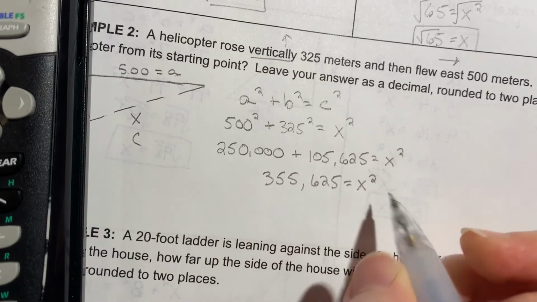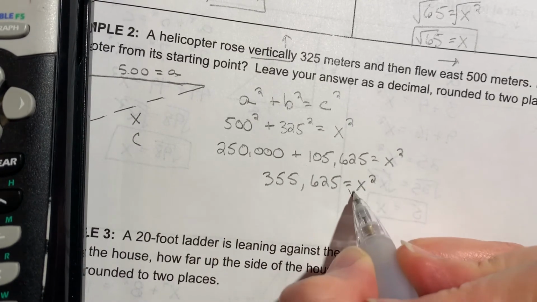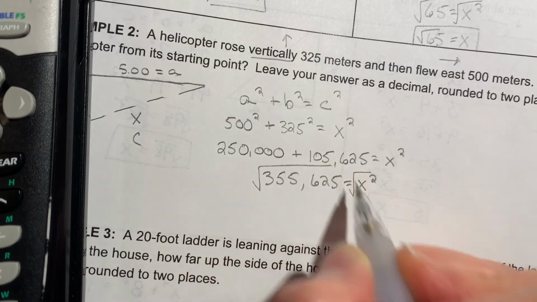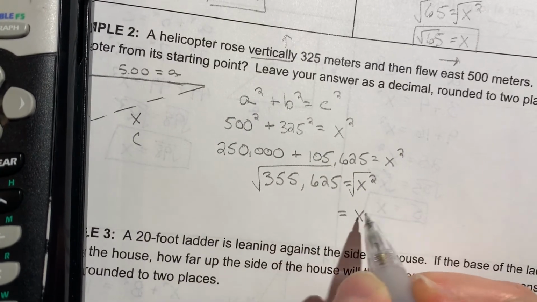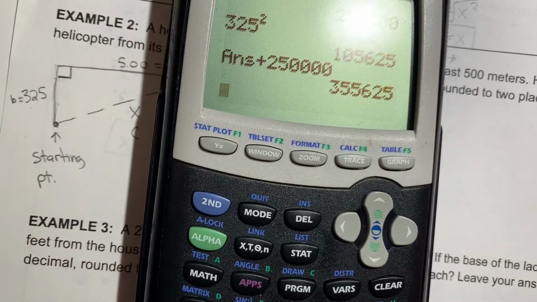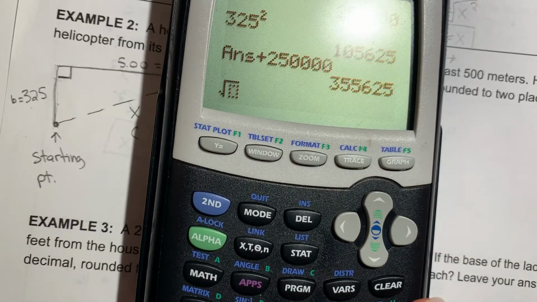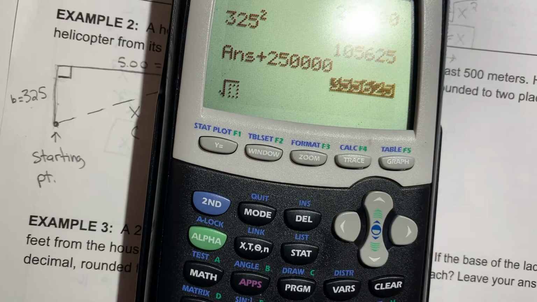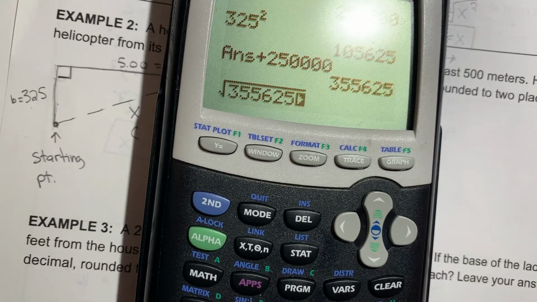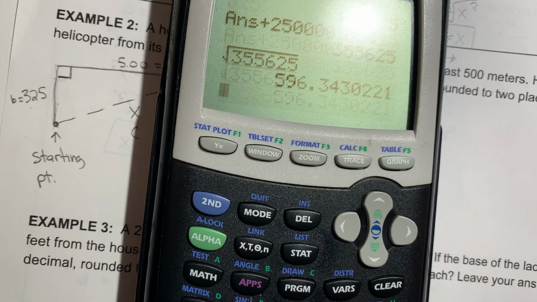And then remember, to get rid of the power of 2, we use a square root. That's going to get x by itself, which is what we're going for. So I'm going to do second square root, and on this calculator I can just go up and grab that previous number, put it in, and hit enter.